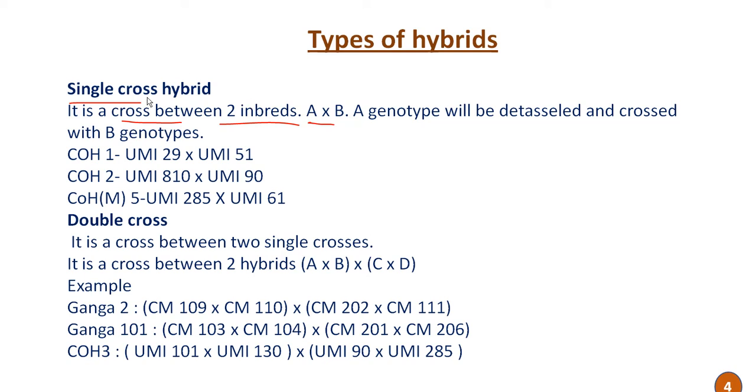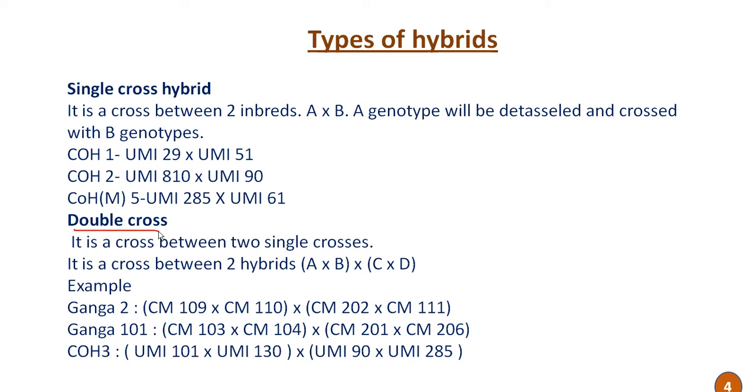And for producing this single cross hybrid, the A genotype or A inbred will be detasseled and used as a female parent and crossed with the B genotype. So this is the single cross hybrid, and examples are COH1, COH2, COHM5. So these are the examples of the single cross hybrid in maize.